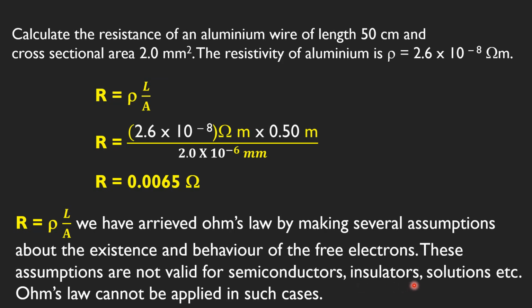In the case of insulators, if the temperature increases, the resistance is going to decrease. So we will see this concept in further videos. And in the case of electrolytic solutions, we are going to concentrate on both the positive ions as well as negative ions. And in the case of conductors, only the free electrons are responsible for the conduction. So Ohm's law cannot be applied for semiconductors, insulators and solutions. It can be applied only for the conductors.